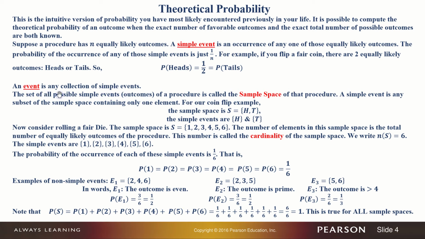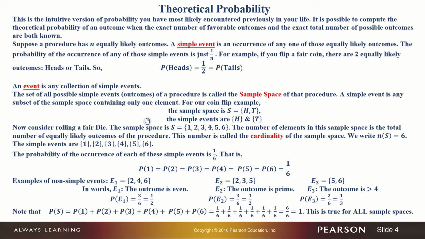But what makes a regular non-simple event set apart is that it could be any collection of simple events. So it may be just one of those simple events or more than one, or it may even be all of the possible events that we're dealing with, and that can be called an event.